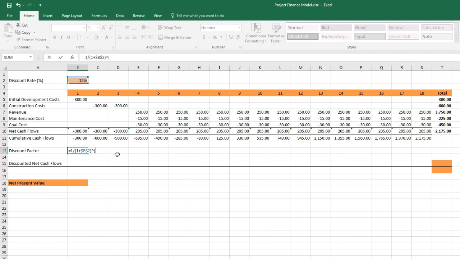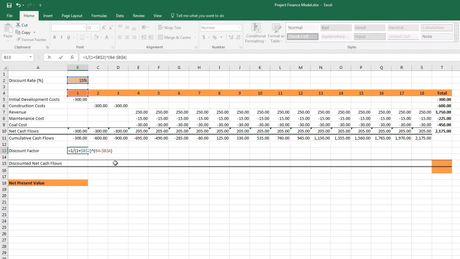In the first year, the power is 0 because we are discounting for year 0. In Excel, this is represented by the formula equals B4 minus B4.